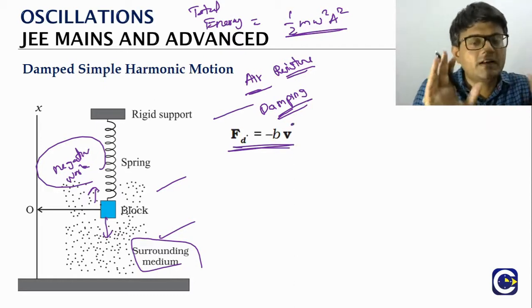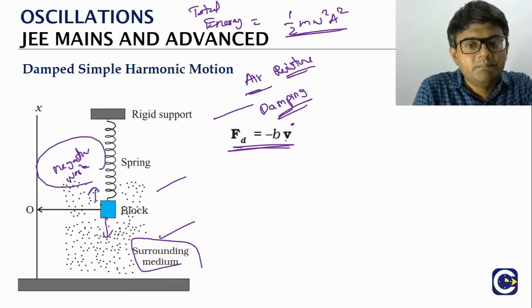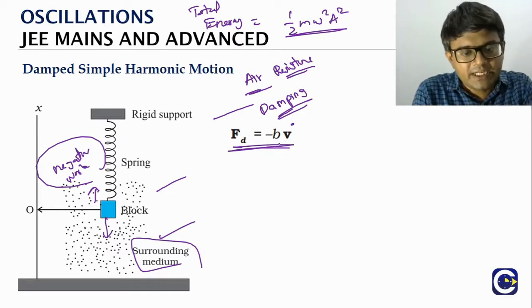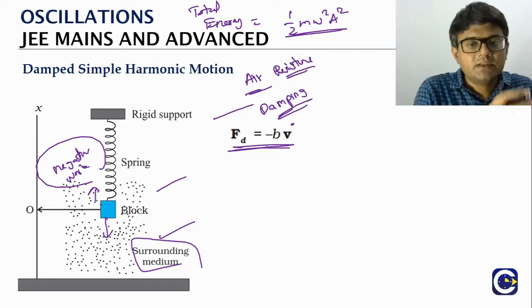So we can write the damping force as minus b, where b is a constant which quantifies the effect of the surrounding medium in terms of how much damping it is able to create.